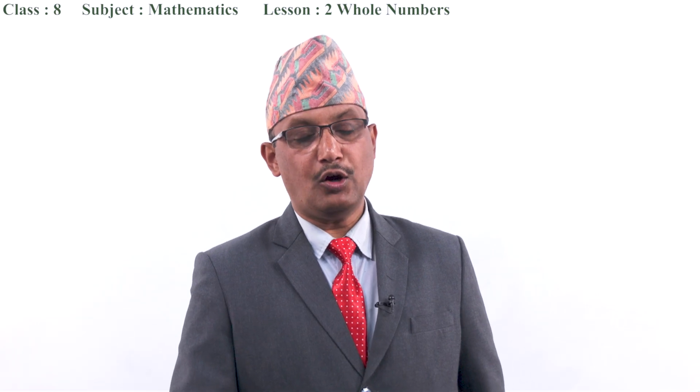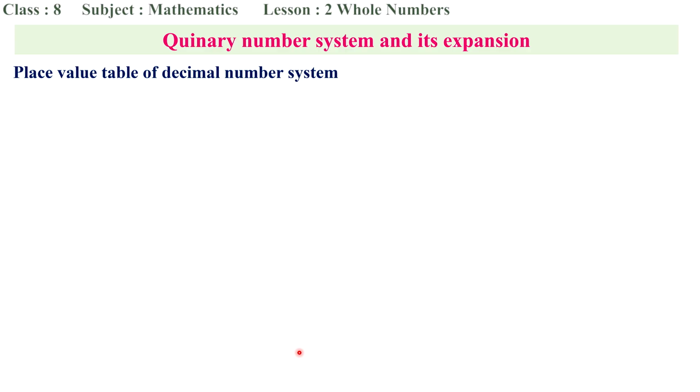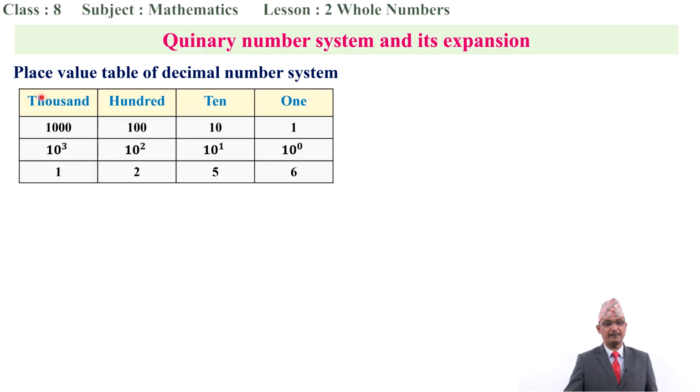Now, the place value table of the decimal number system, we already know. This is the place value table of the decimal number system. And in the decimal number system, we have base 10, so we multiply it by 10. 1 tens are 10, 10 tens are 100, 100 tens are 1000.